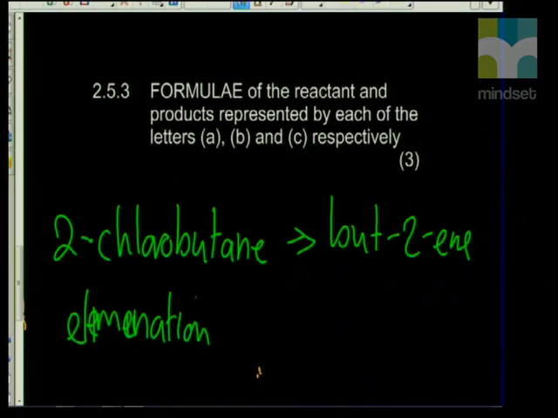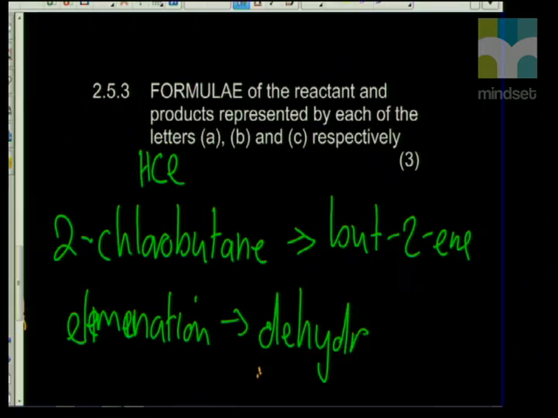But if we wanted to be specific, what's been eliminated? What we would say is that we've taken away HCl. And so we would say this is dehydrochlorination. Quite a mouthful, that one.